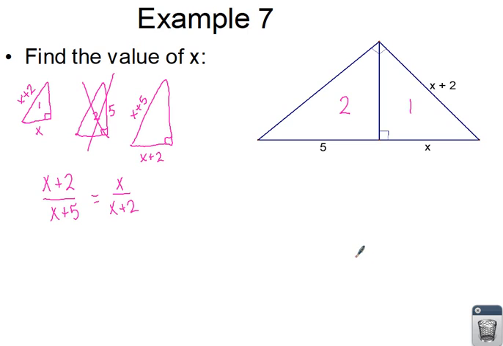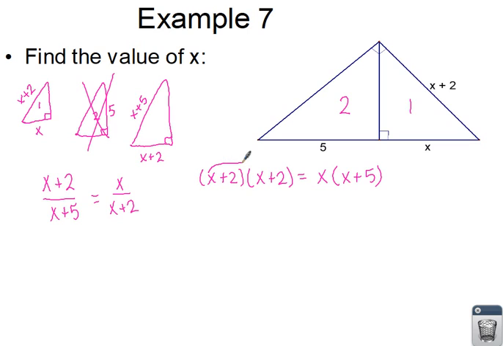You remember FOIL? You're going to FOIL on this problem, okay? So let me write out the cross multiply. Cross multiply goes x plus 2 times x plus 2, and then the other side is x times x plus 5. Okay, we're going to do some cross multiplying, and then we're going to do some FOILing, and then we're going to solve.